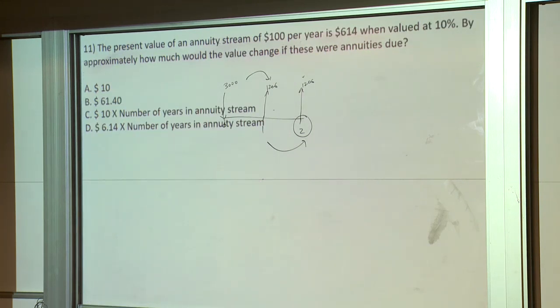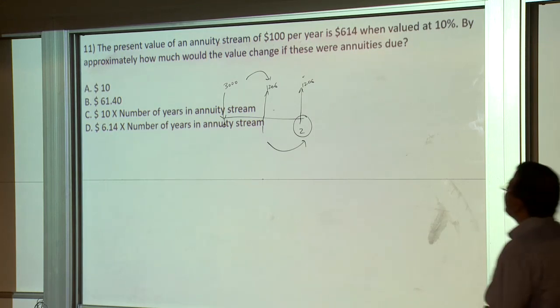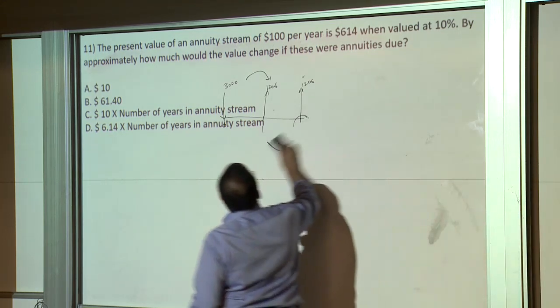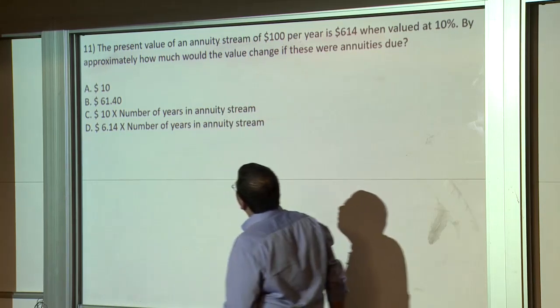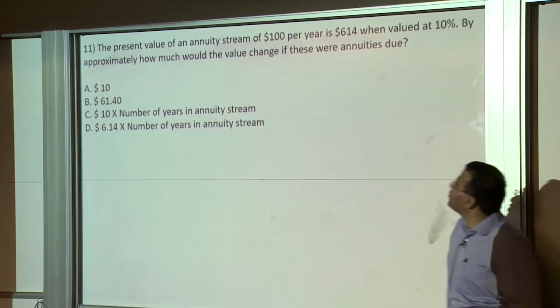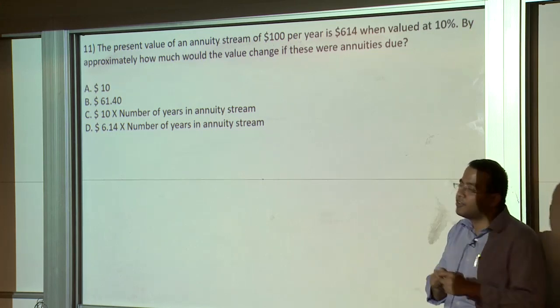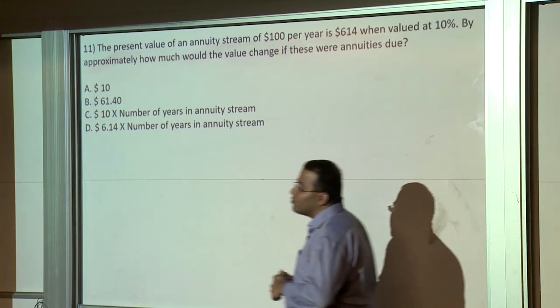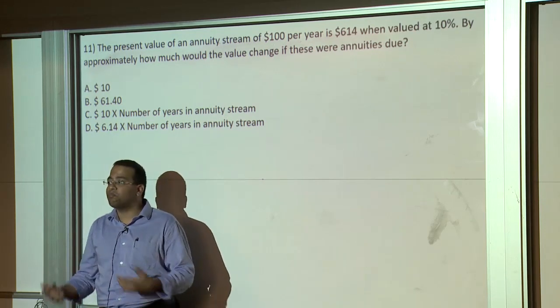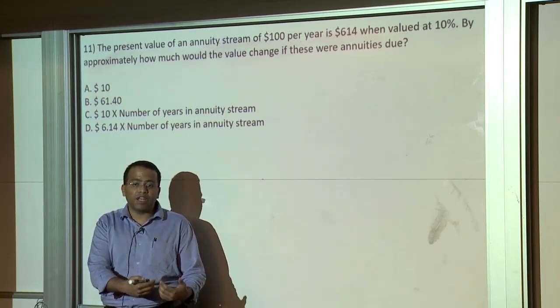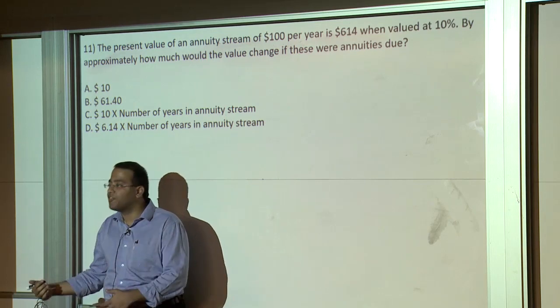Okay, let's do this one. The present value of an annuity stream of $100 per year is 614 when valued at 10%. Approximately how much would this value change if these were annuities due? Annuities due are those where the payment begins at the beginning of the first period, not at the end of the first period.